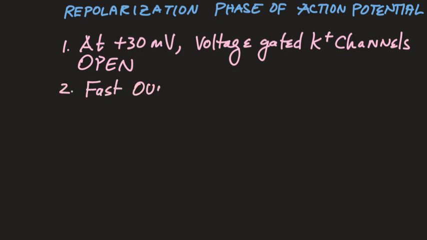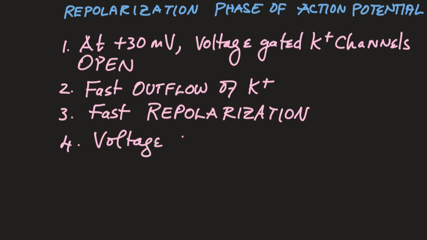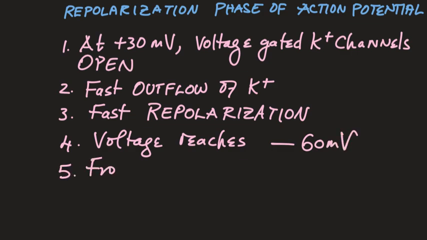So we have a fast potassium outflow. This causes positive charges to leave the cell, resulting in a repolarization, and this repolarization is also rapid and reaches minus 60 millivolts so that the cycle can now repeat. The voltage from plus 30 millivolts to minus 60 millivolts, we call that the repolarization phase of the action potential.